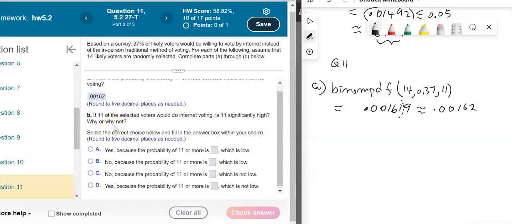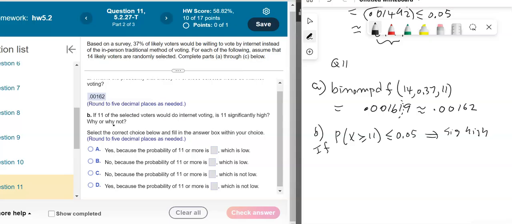Now, is 11 significantly high? To answer that, we need to find the probability of x greater than or equal to 11. If this is less than 0.05, then it is a significantly high number.